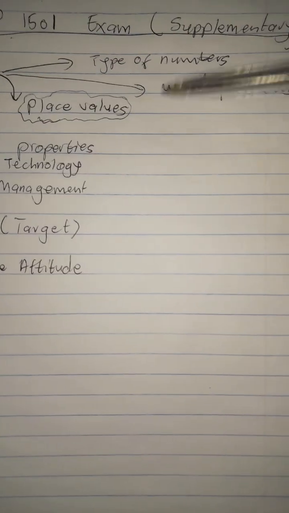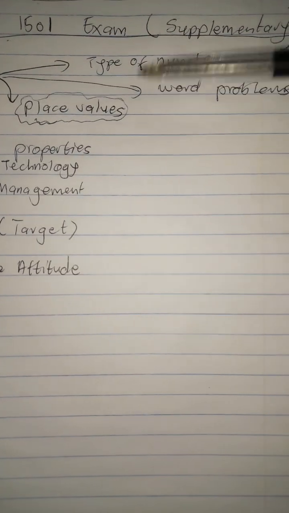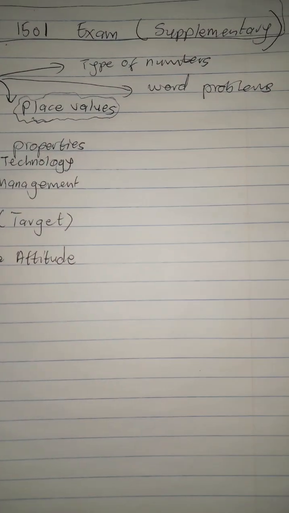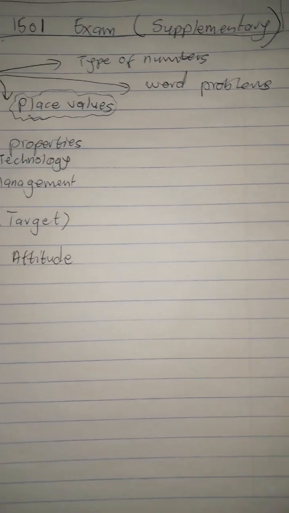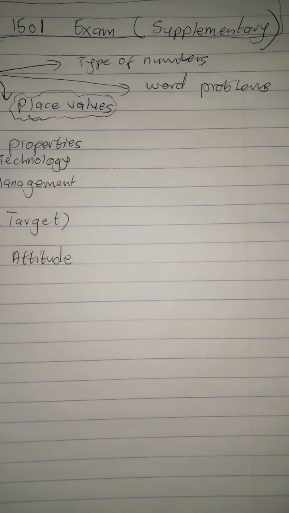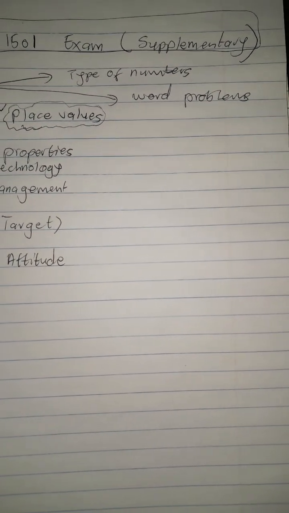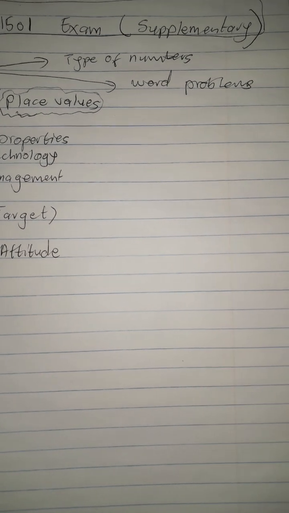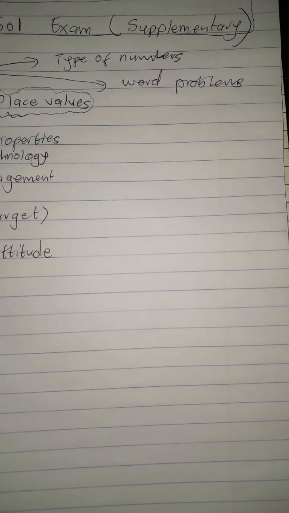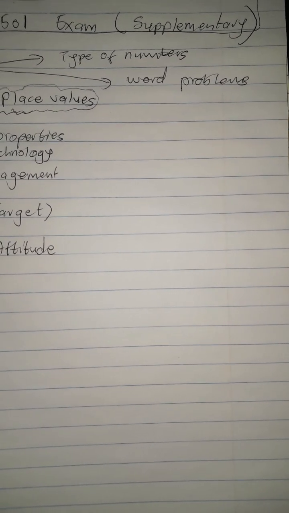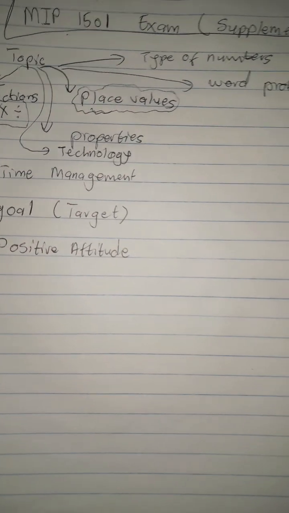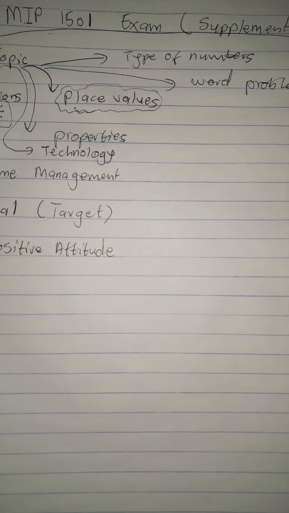So you just have to know the types of numbers. They may ask you this in an examination. Actually, they usually ask you. It's always there, guys. So it's very essential that you take this into consideration. I've spoken about fractions, and I've also talked about place values.